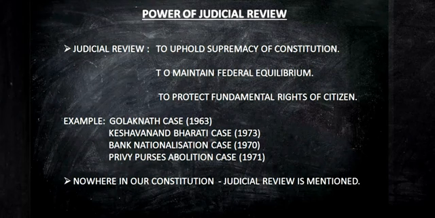To do so, the provision of judicial review has been put in our constitution, and to maintain the federal equilibrium. Neither the state nor the center should have the power to change the constitution in their favor.